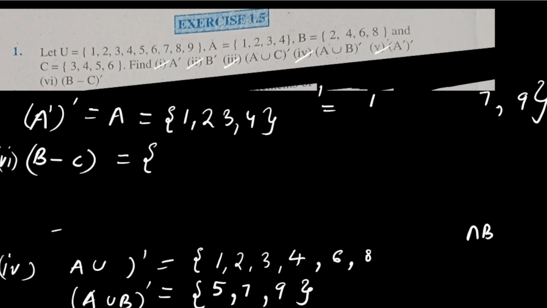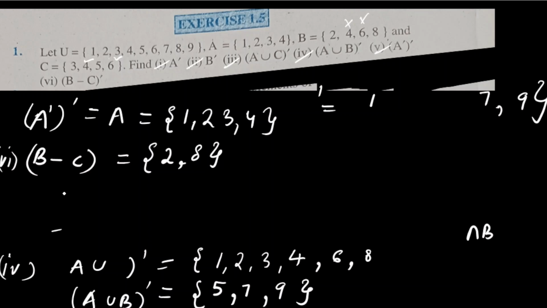B minus C means in set B you have to see all the elements, and those elements which are also in C you don't have to consider. So 2 we can write because 2 is not there in C. 4 we cannot write because 4 is there in set C. Then 6 we cannot write because 6 is also there in set C. Then 8 we can take.